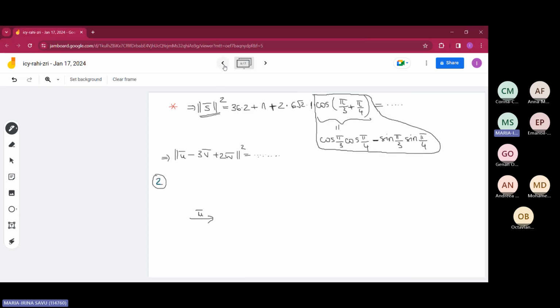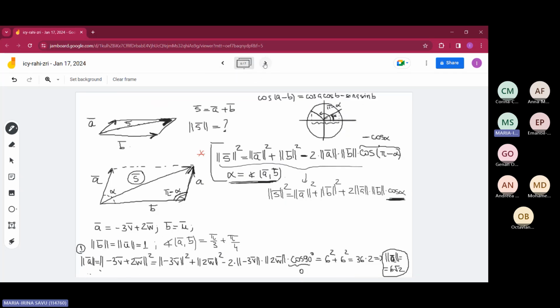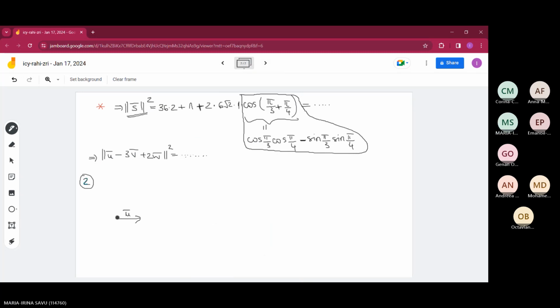This is u. We also know that the angle between u and v is 30. So let's say that v is here. I'm going to draw it this way. Okay, v is here, and this angle is 30.